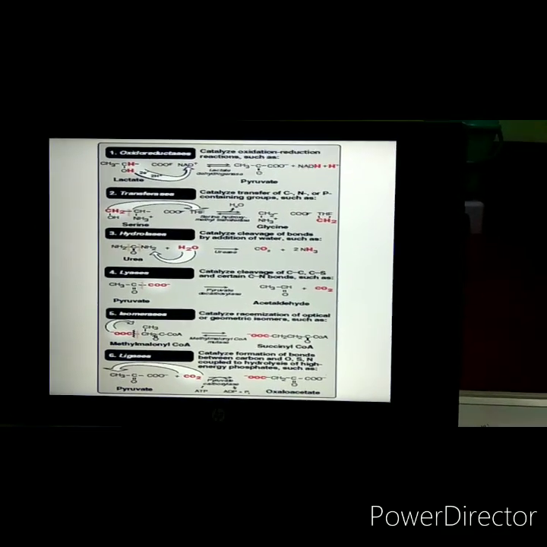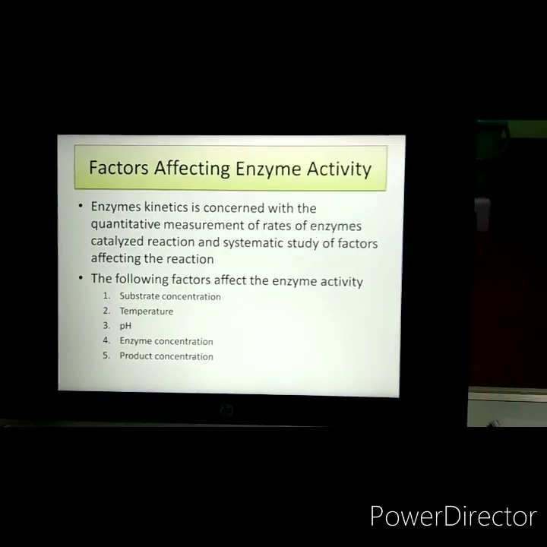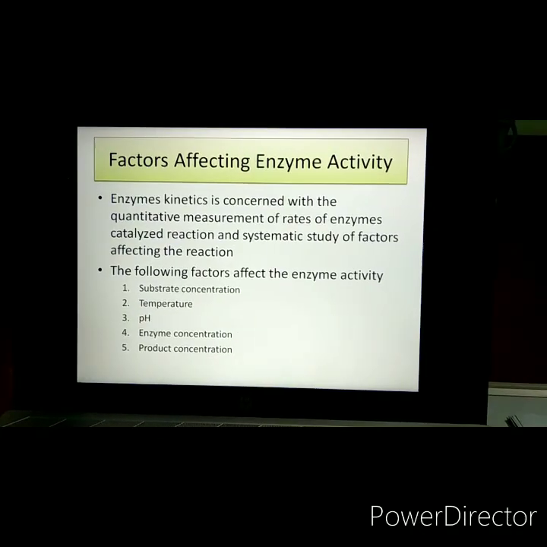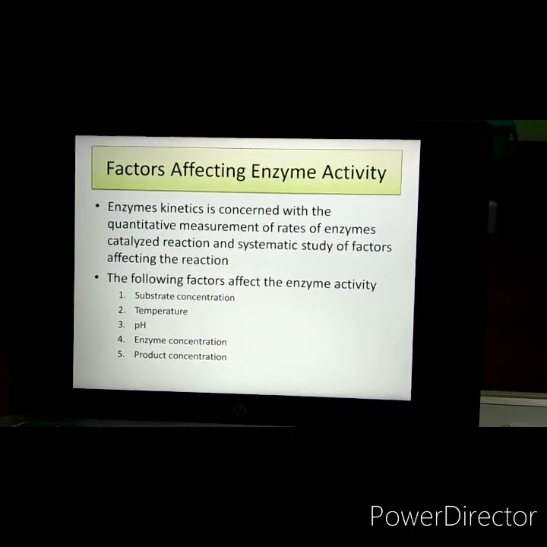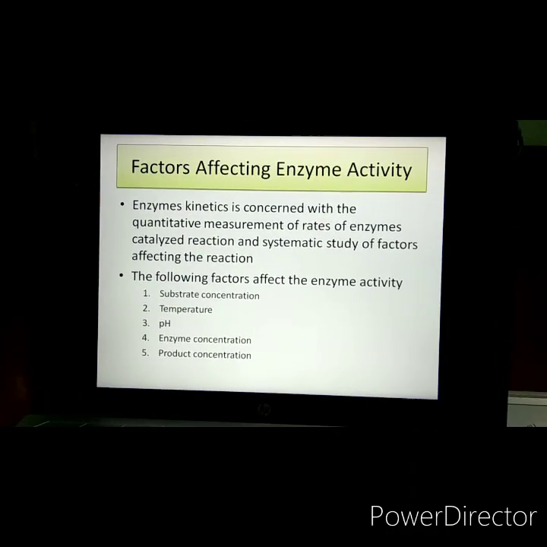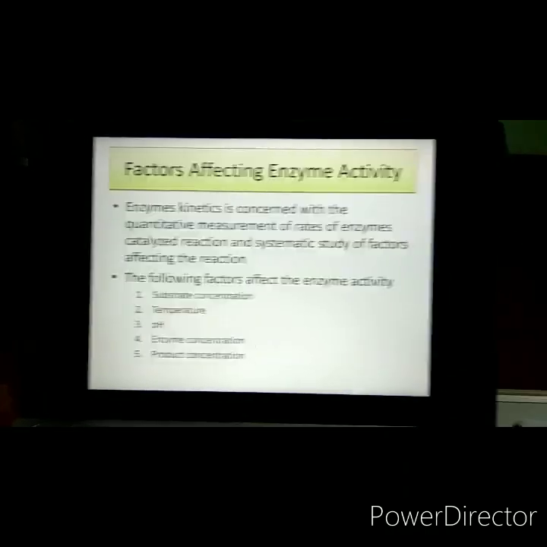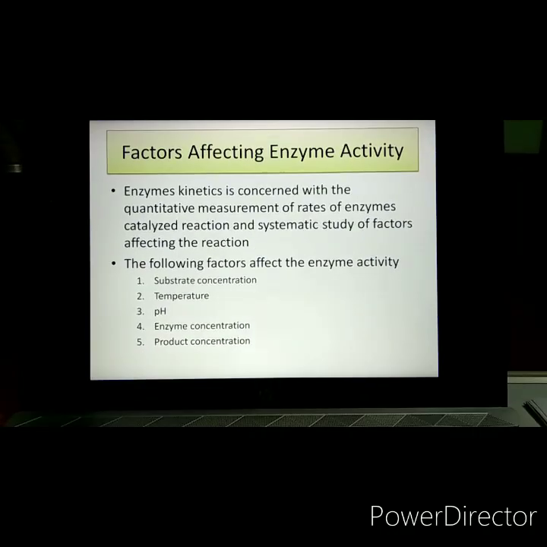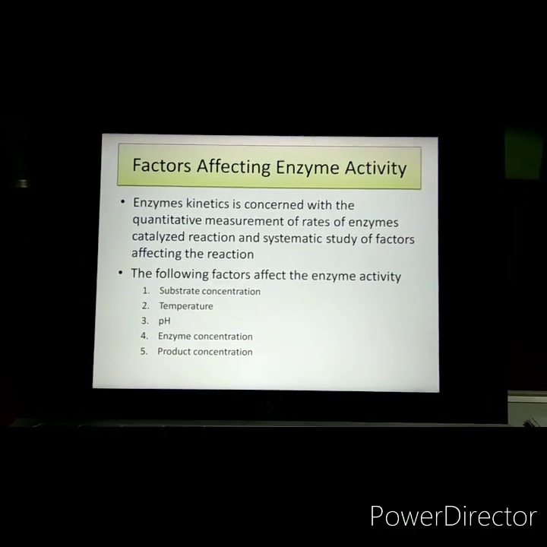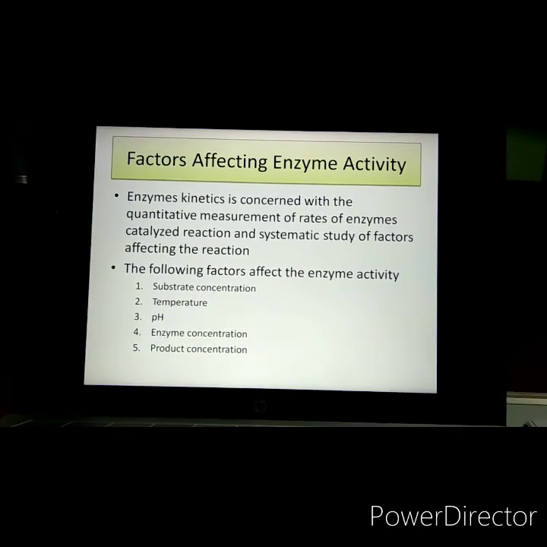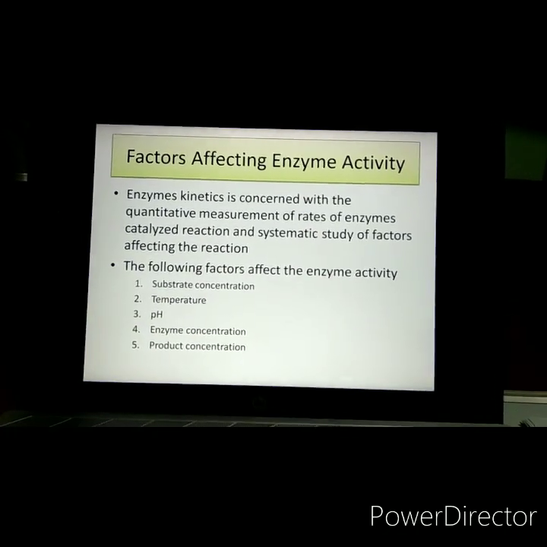Up till here we have learned nomenclature. The remaining topic we will learn today is factors that affect enzyme activity. This enzyme activity is totally based on active sites, as we already discussed in properties of enzymes, that the active site is major for defining the enzyme activity. So what are the factors that define enzyme activity?